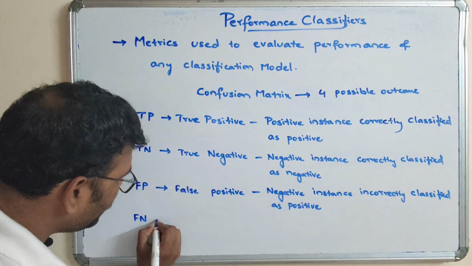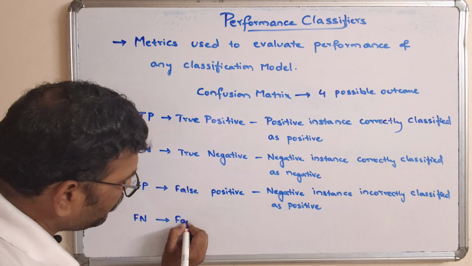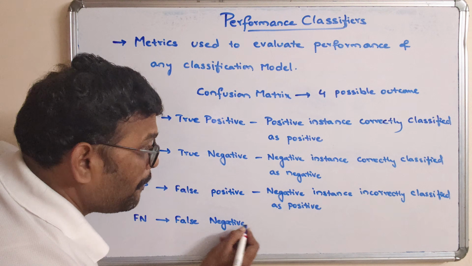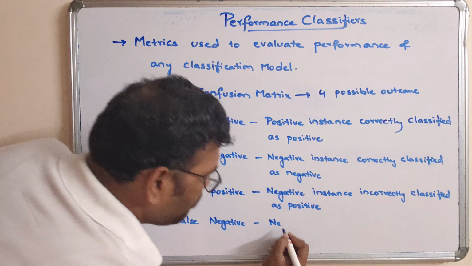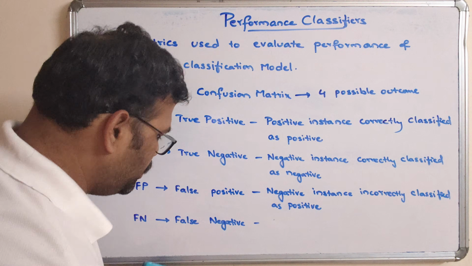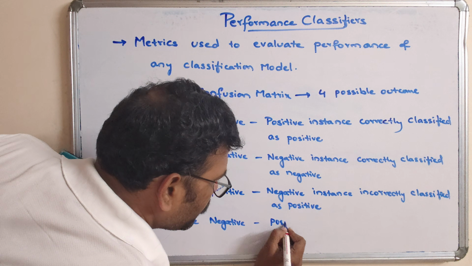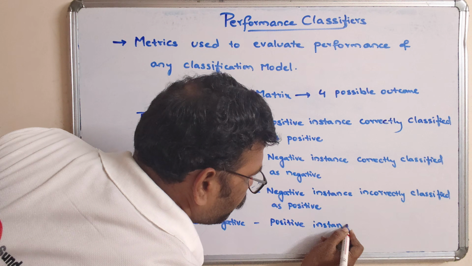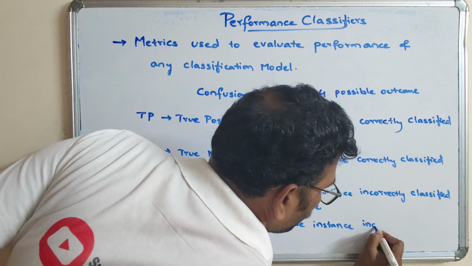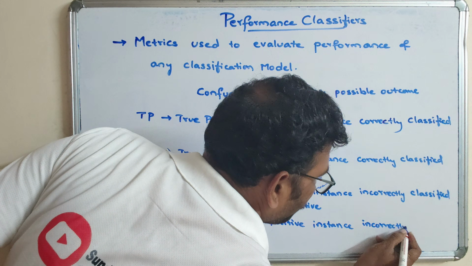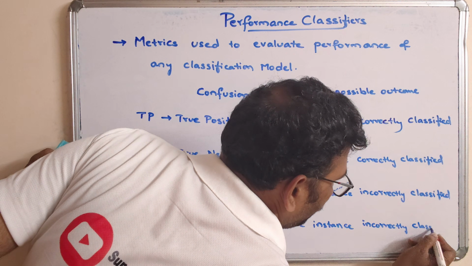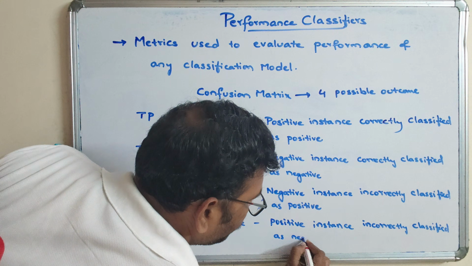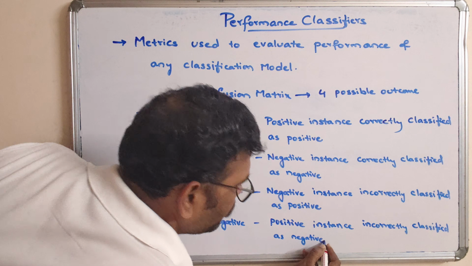Similarly, false negative, FN. Here a positive instance is incorrectly classified as a negative.